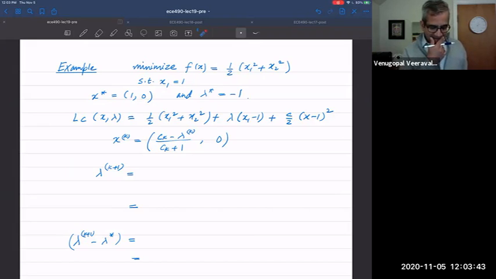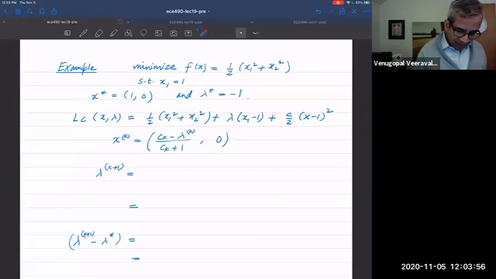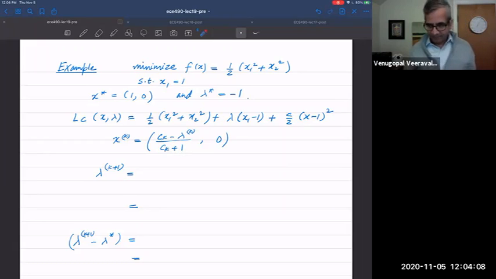So let's apply the method of multipliers to this. We already solved this optimization problem earlier. We know that x_k is (c_k minus lambda_k) divided by (c_k plus 1), and the second component is always 0.